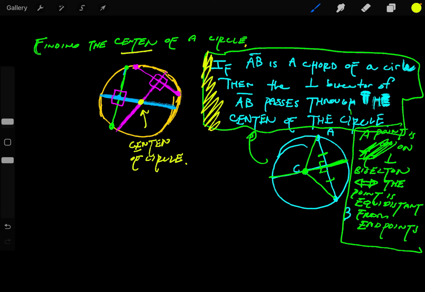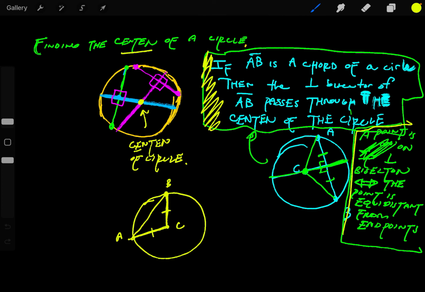So what enables us to find the center is that if I have some circle with center C, let's say, and then I draw a chord, we're guaranteed that C is going to be on the perpendicular bisector because the distance from C to B is the same as the distance from A to C. So by this theorem, C lies on the perpendicular bisector of AB, and that proves this idea.